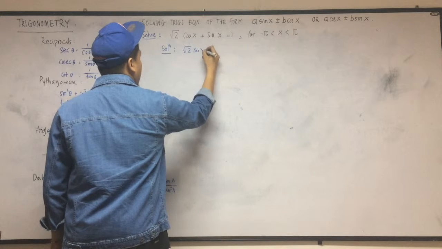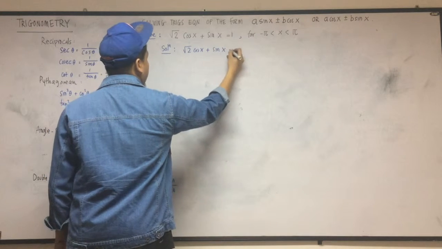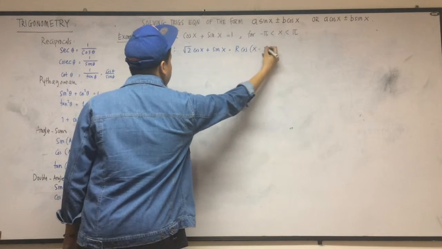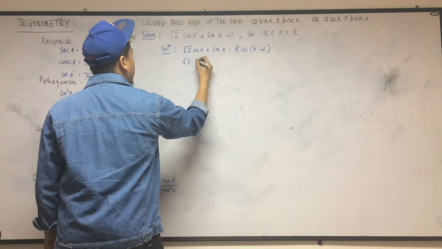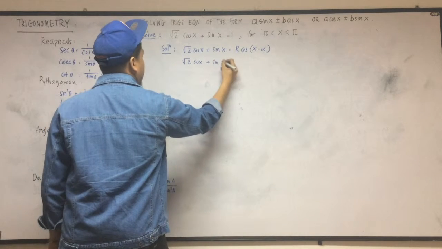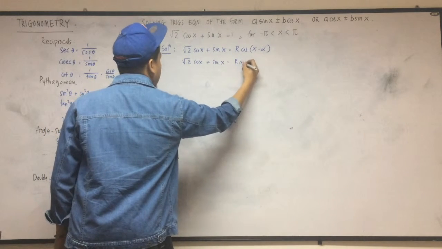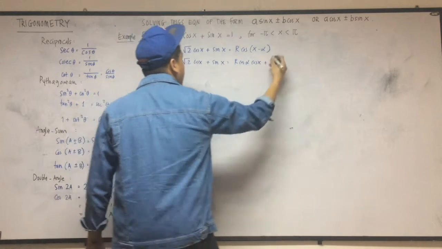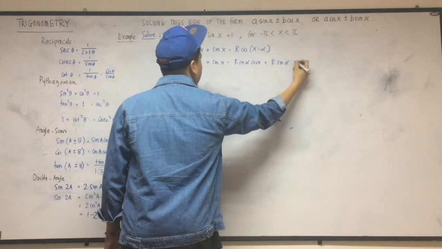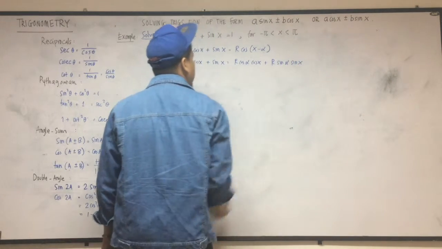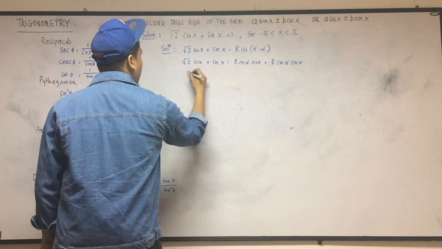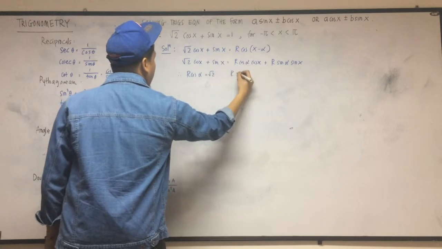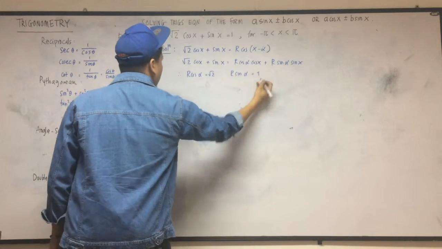Square root of 2 cos x plus sine x is going to be equal to r cos(x minus alpha), which is r cos alpha cos x plus r sine alpha sine x. Now looking at this, you should be able to see that r cos alpha equals root of 2 and r sine alpha is equal to 1.